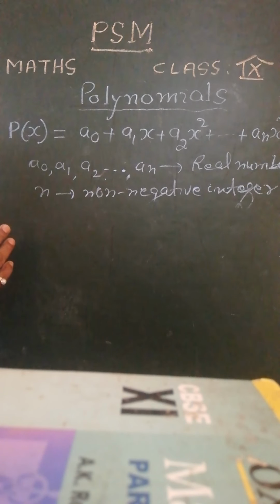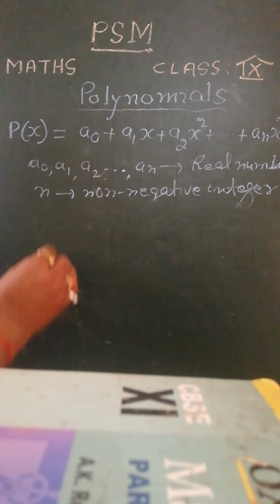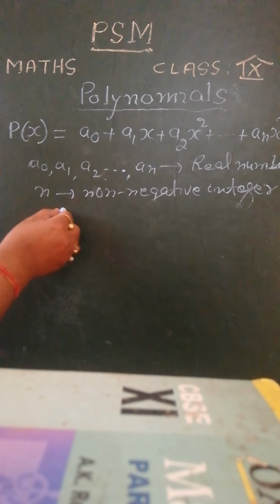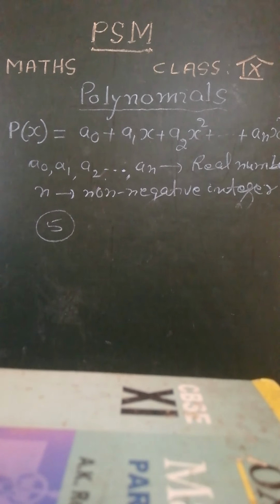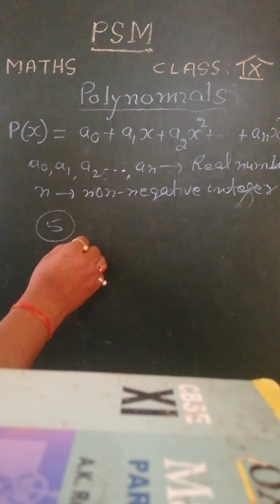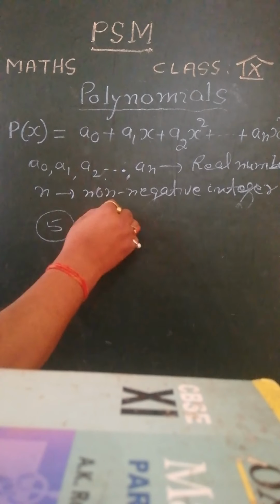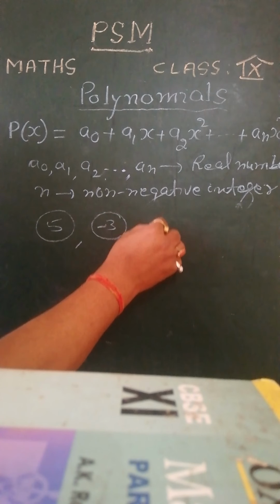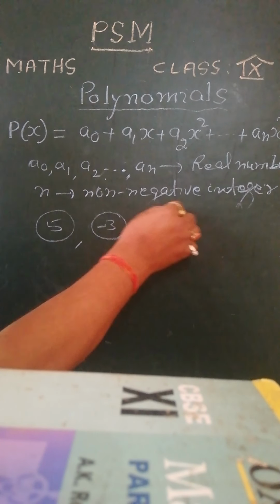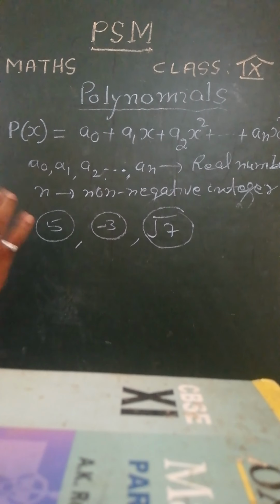A polynomial consisting of a single term of a real number is called a constant polynomial. For example, 5, this is a constant polynomial. Minus 3, this is a constant polynomial. Root 7, this is a constant polynomial, because only constant numbers are there.